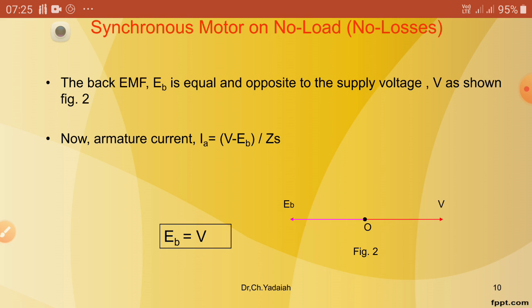Root 3 VL, 400 volts in three phase we have applied, IL the line current or phase current. Now, the current becomes 0 in this case. 0 into something is 0, so the input power is itself 0 mathematically.